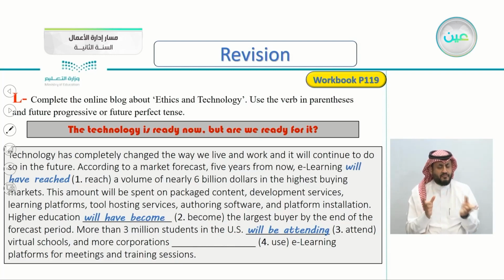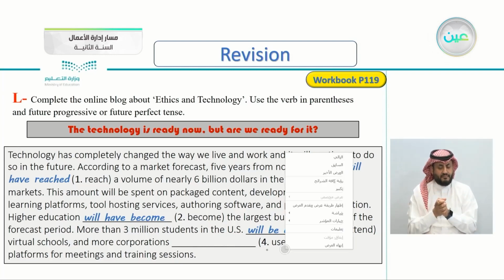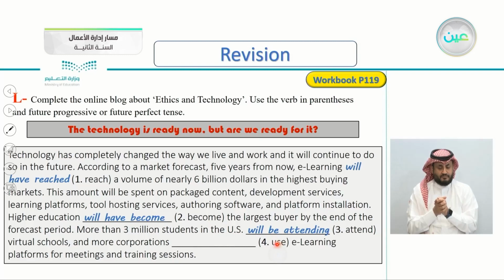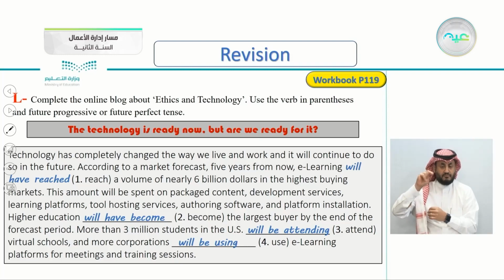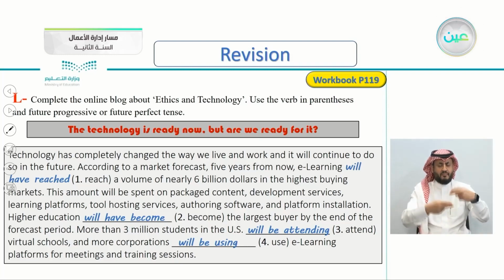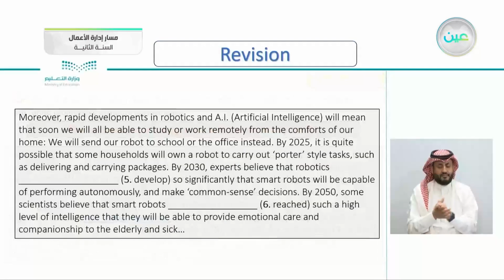So, number 4 here is use. What to write here? The verb here is use, and more corporations will be using. So it's the same thing. We're talking about something that will be in progress in the future. And more corporations will be using e-learning platforms for meetings and training sessions.